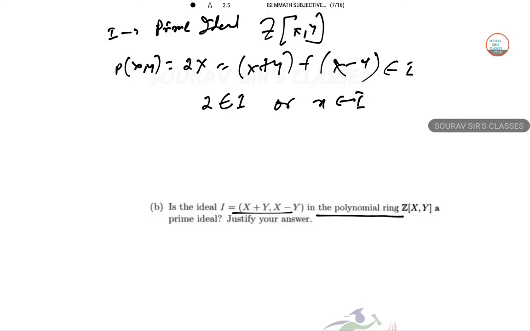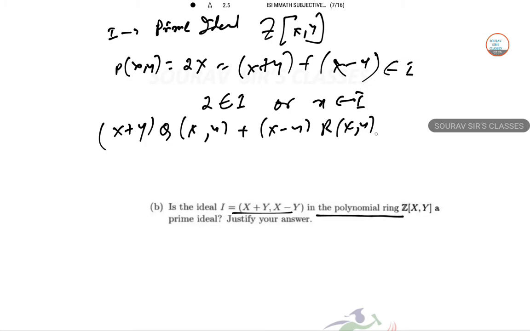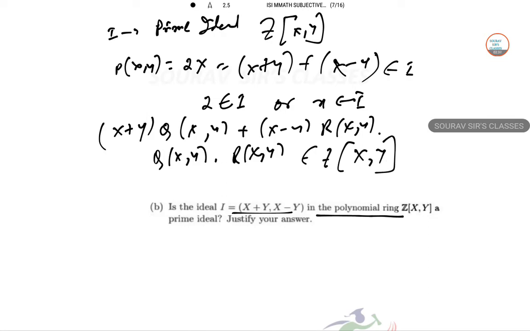So the general element of I is in the form (x+y) q(x,y) plus (x−y) r(x,y), where q(x,y) and r(x,y) belong to Z[x,y].